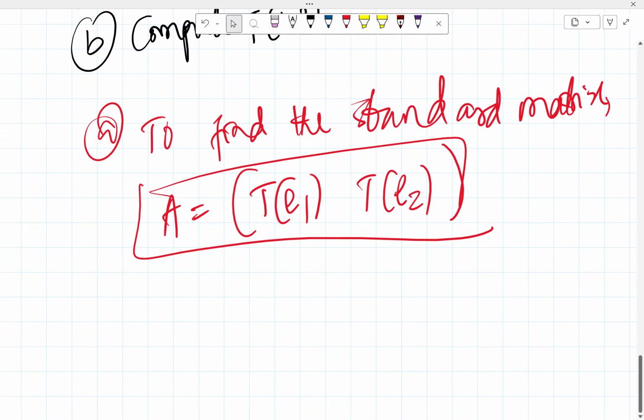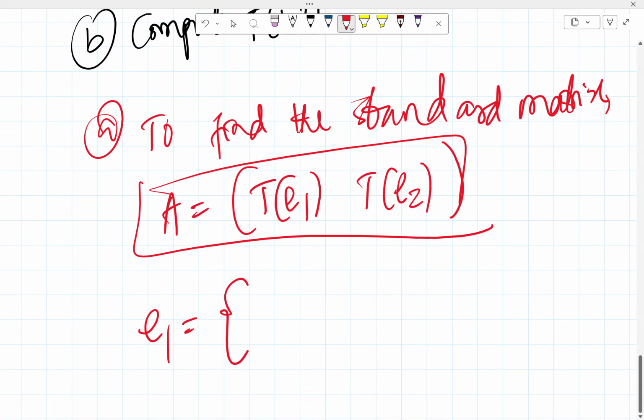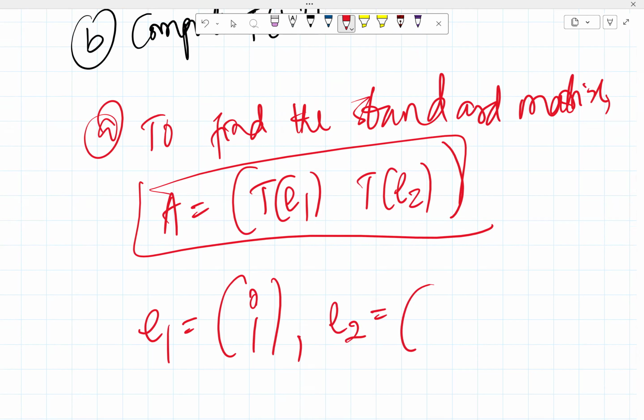And since we are talking in two dimensions, we know that e1 is (1, 0) and e2 is (0, 1).